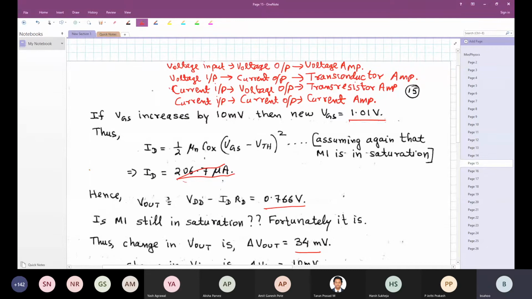So current input, voltage output is what you use in your optical fiber receiver at home. The optical fiber signal is coming in the light domain. The light is converted to electrical current. That current gets amplified to generate a voltage, and finally you are able to see.